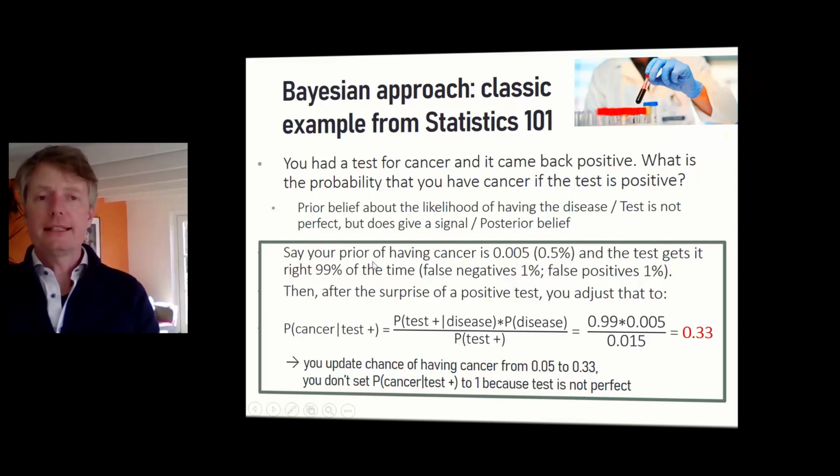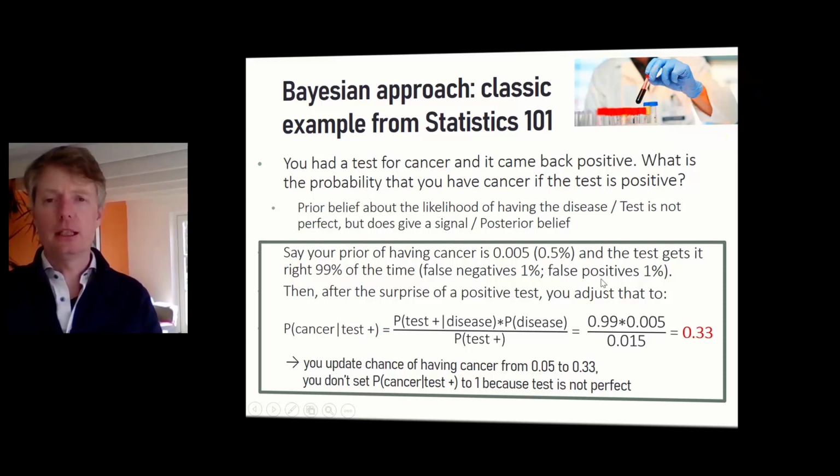So, getting it right 99% of the time means that the chance of getting a false negative, so the test says no, you don't have cancer, a negative test result, then there's still a 1% chance that you do have cancer after all.